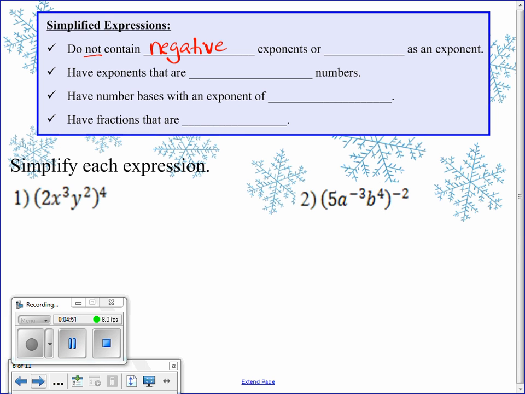They're considered not simplified. Or zero as an exponent. Anything to the 0 power is 1, so we can always simplify that. So don't leave 0 as an exponent.